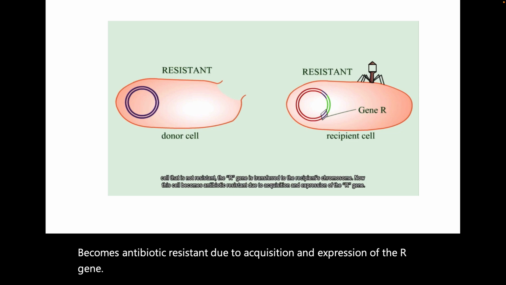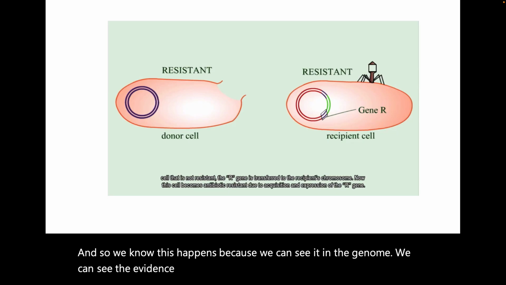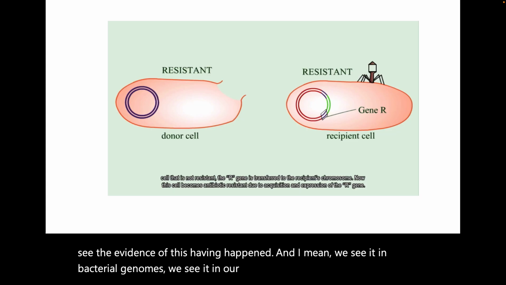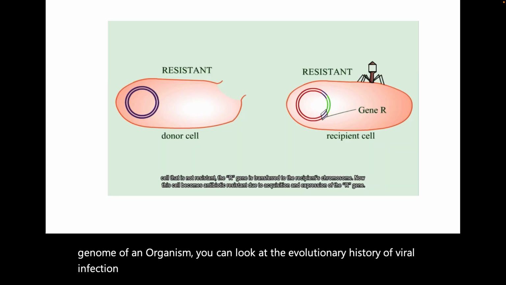And so we know this happens because we can see it in the genome. We can see the evidence of this having happened. And I mean, we see it in bacterial genomes, we see it in our own genomes. When you analyze the genome of an organism, you can look at the evolutionary history of viral infection, where sometimes the prophage just stays incorporated and never really becomes reactivated.